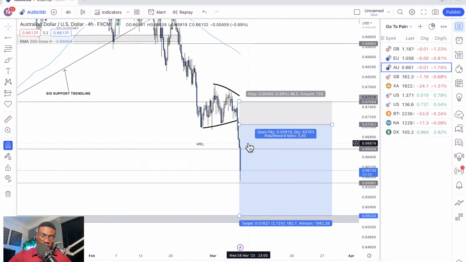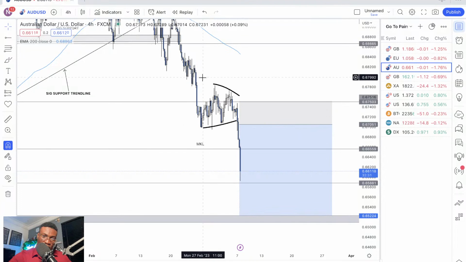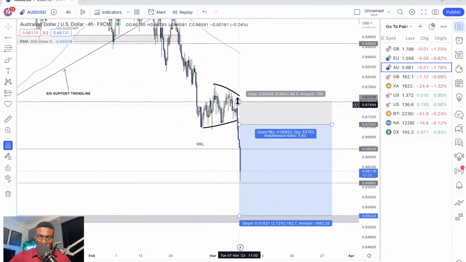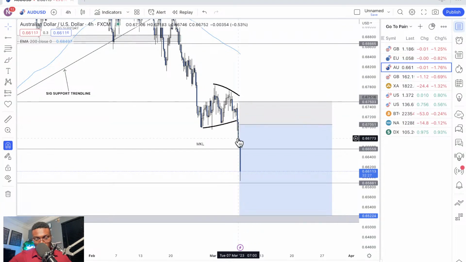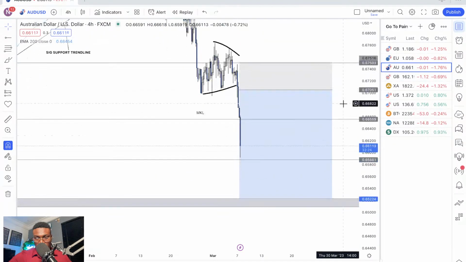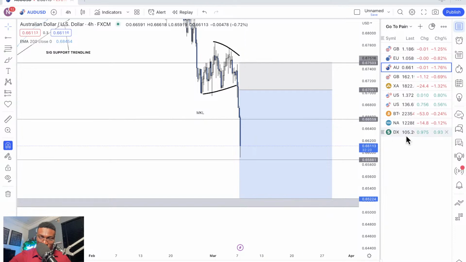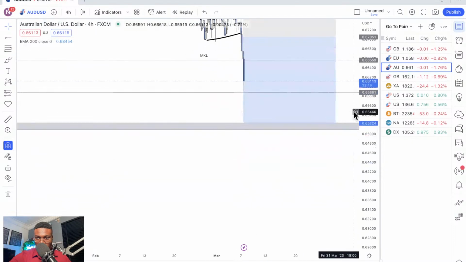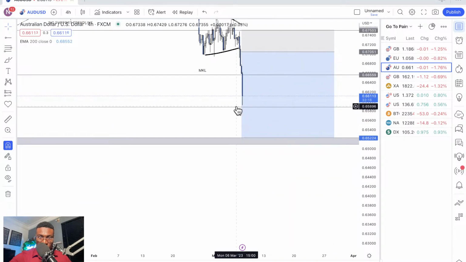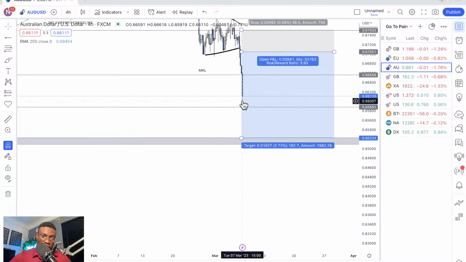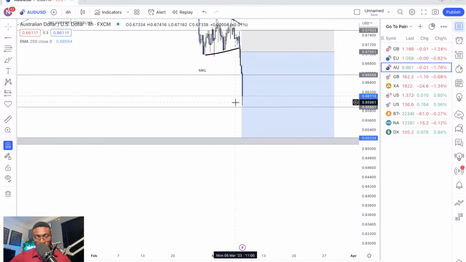As a result of these economic events, we've had this successful breakout from this consolidation, or you can call that a symmetrical triangle pattern. I've seen the breakout to the downside, another breakout from here as a result of the just concluded speech by the chairman of the Fed, and the market has come to rest and has started pulling back from this minor key level as well.